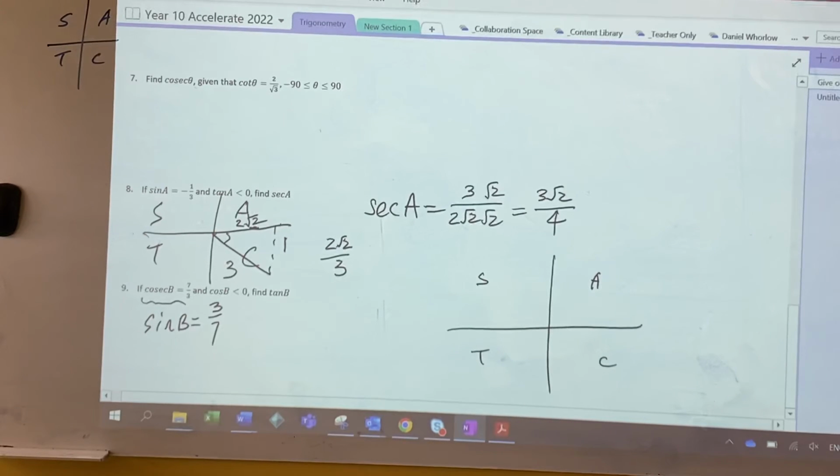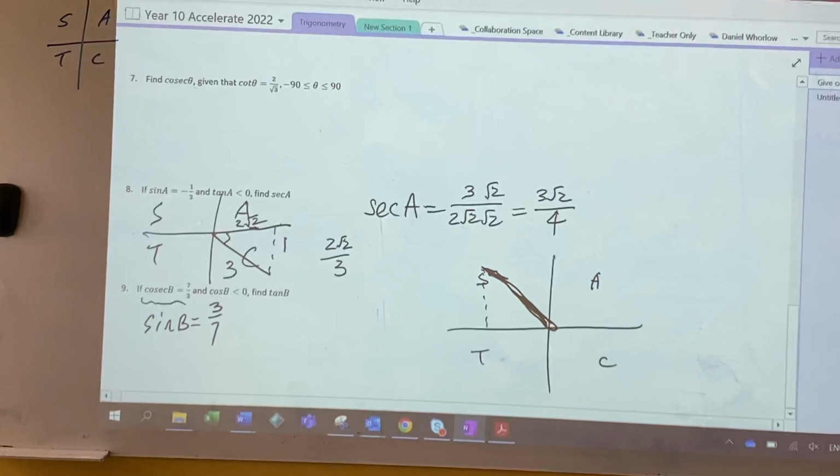ASTC. So sine is positive, in other words, in which quadrant is sine positive and cos negative? Sine is positive, cos is negative. Second, very good. So let's draw that triangle. Sorry about that. It's not a very good triangle.